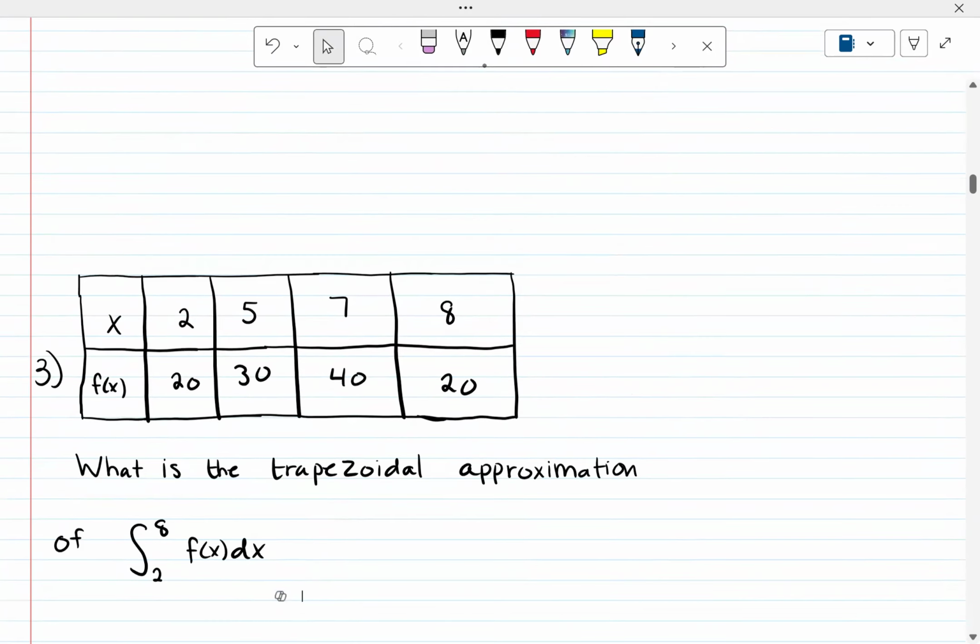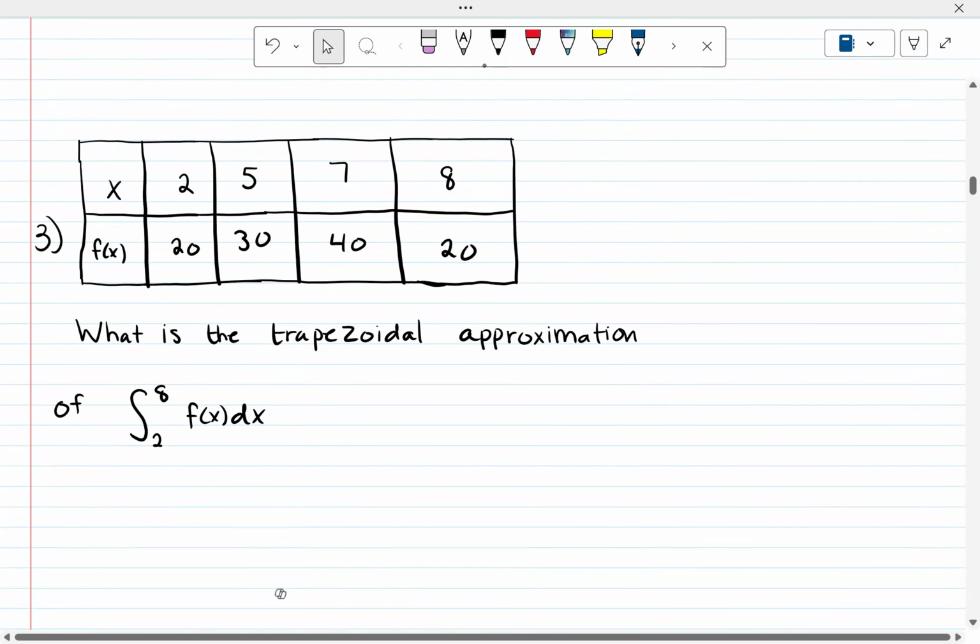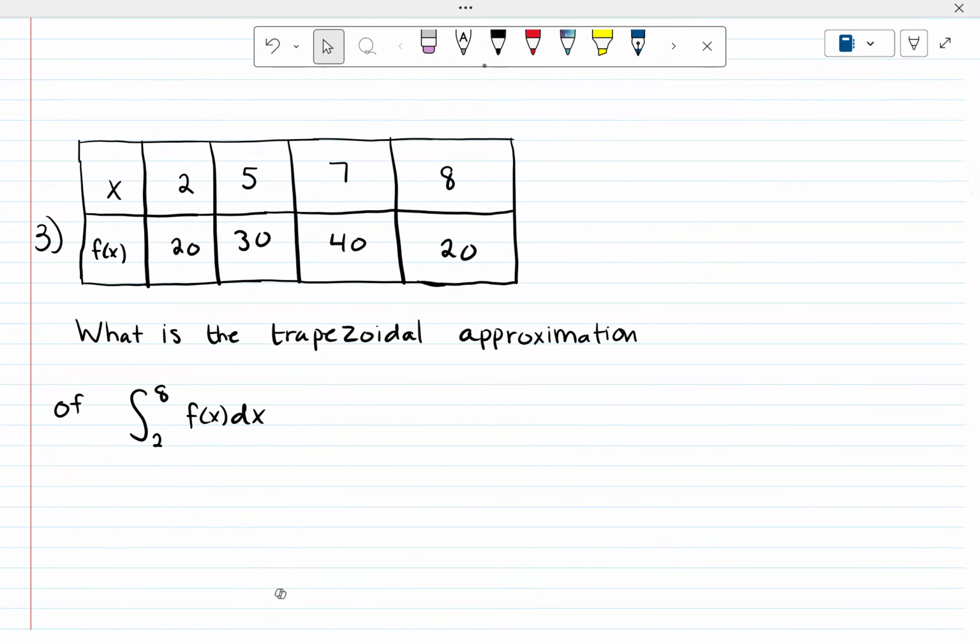So for number 3, we're also given a table and they're asking what is the trapezoidal approximation from 2 to 8. So I think 2 is your a and your b is 8, right? So it's just like the other one. What I would do is, from 2 to 8, kind of draw an image.